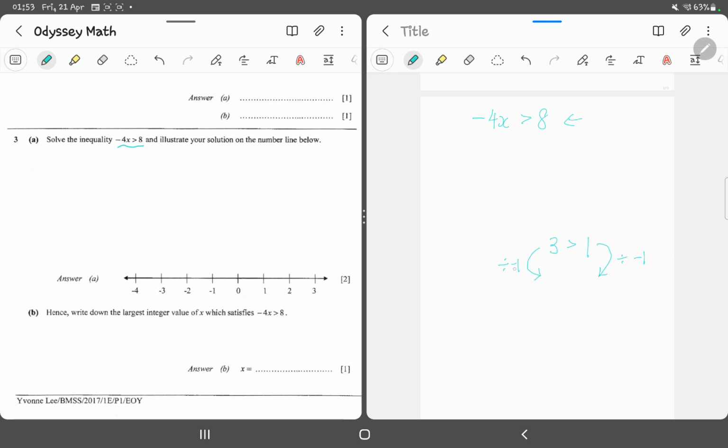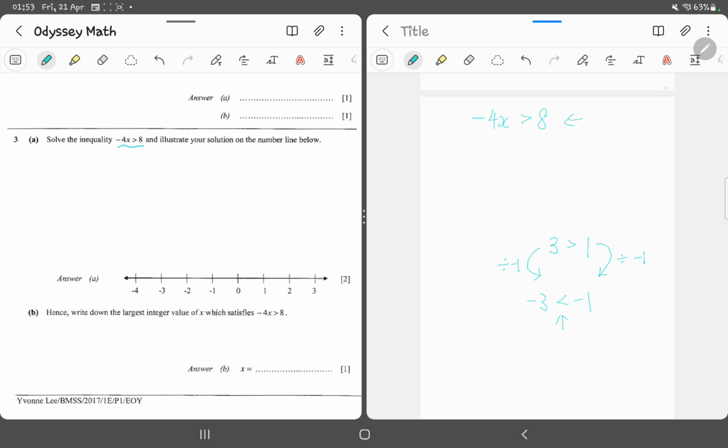So 3 divided by minus 1, you key it in your calculator, we get minus 3. 1 divided by minus 1, we get minus 1. So how do you think the inequality sign should be over here? If you have gotten it right, it should be less than.